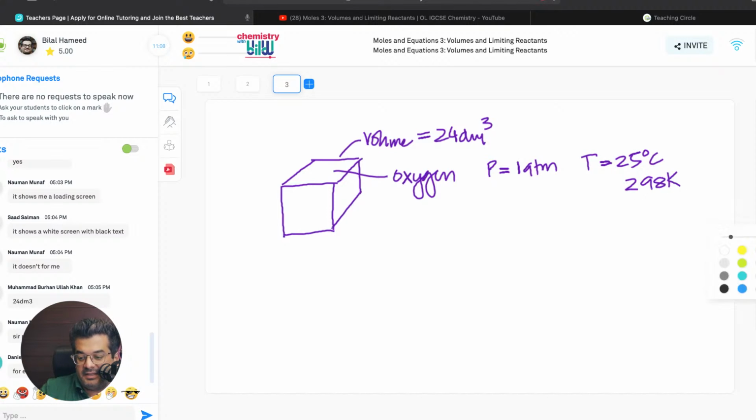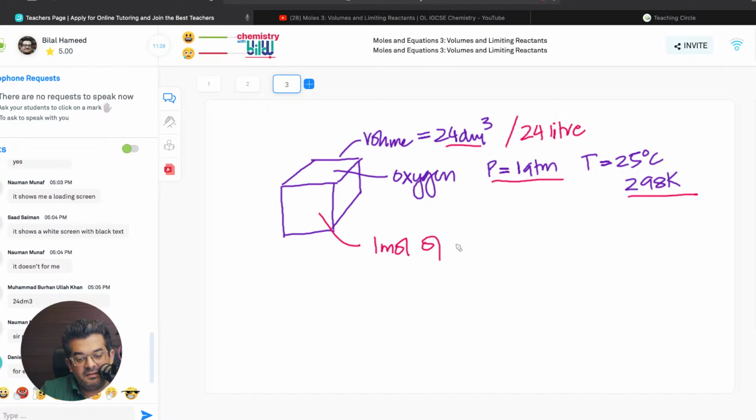If I tell you all these things, that the container is 24 liters, its pressure is 1 atmosphere, and the temperature is 25 degrees centigrade, whatever gas goes in here will be 1 mole of gas.